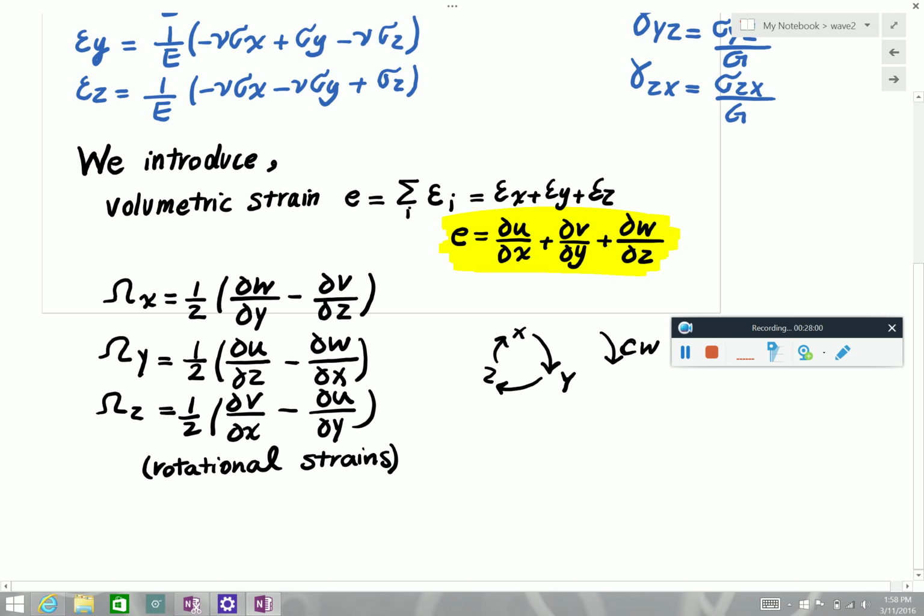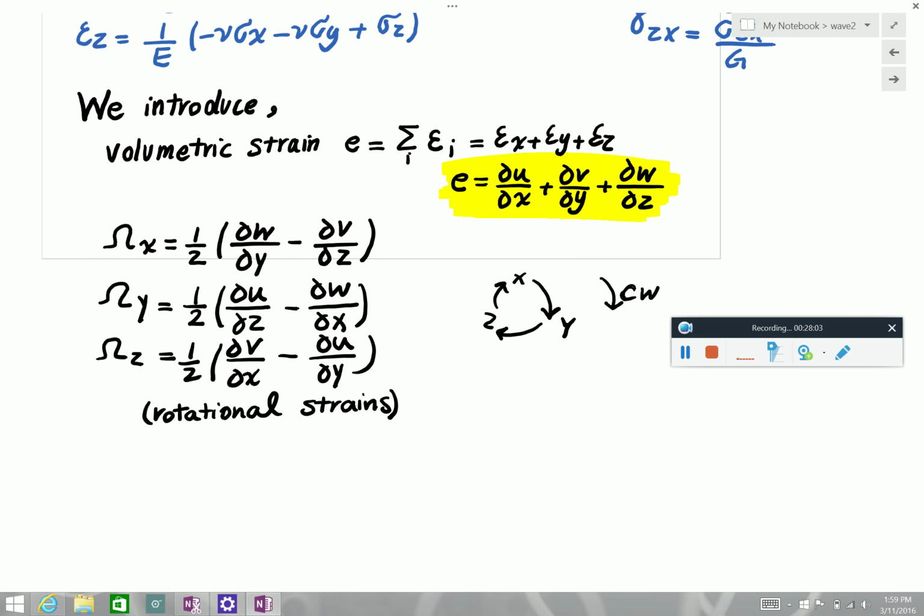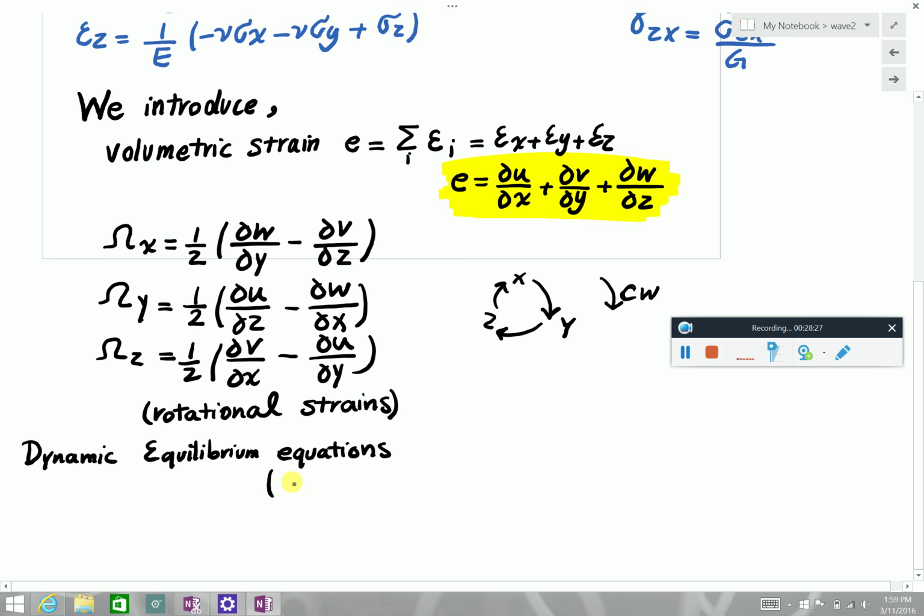As we explained before. Now all we have to do is, in the dynamic equilibrium equations that we derived in the beginning from the free body diagram in 3D, these all had a lot of stress terms in them, so we have to change the stress.